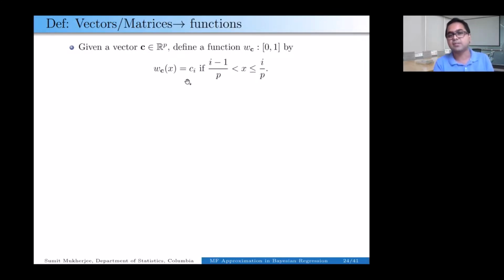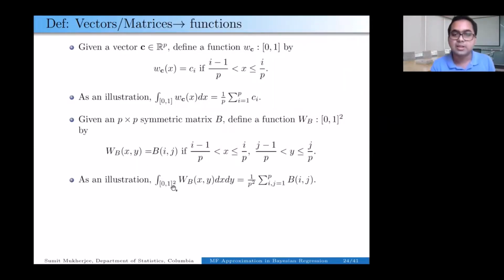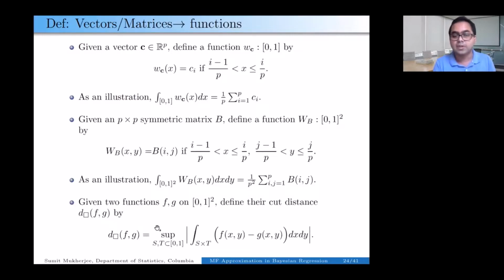You make a vector into a function, and you make a matrix into a function the usual way. You just blow it up, and again this is just to illustrate how the function works. And we put the cut metric topology on it, which is the usual topology, which I don't want to expand on here because I don't have much time.